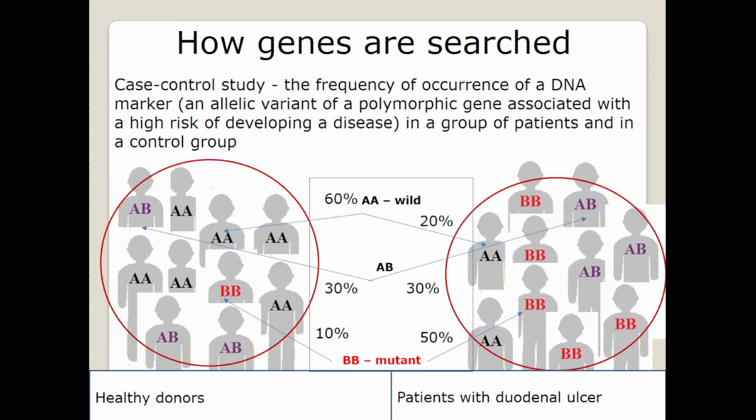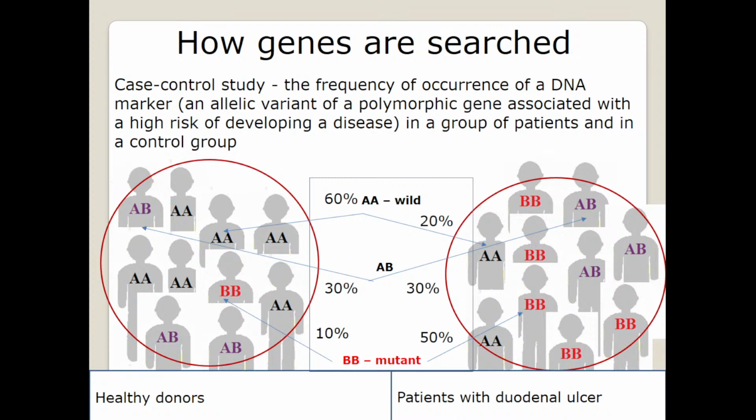And the mutant group presents 50%, one half of the patients group presents the mutant genotype, and we need to look at this distribution of genotypes to understand whether the mutant allele in homozygote condition can lead to disease.